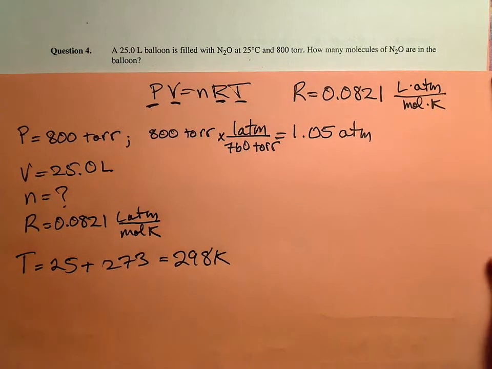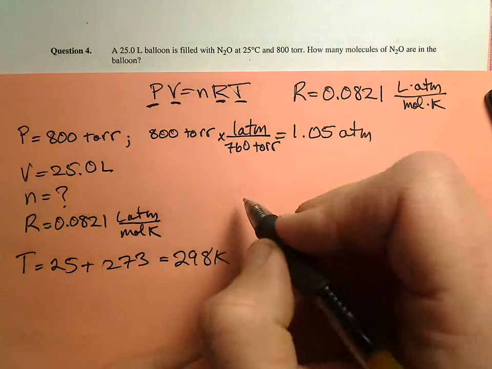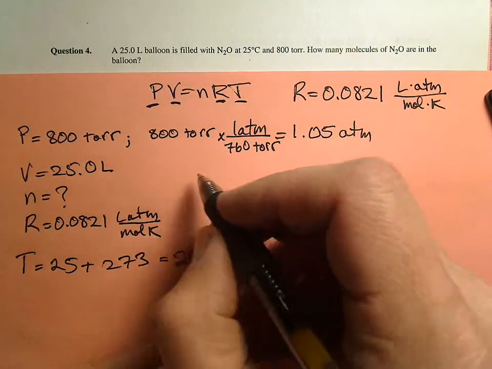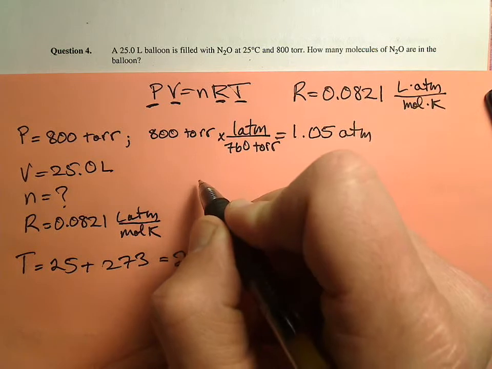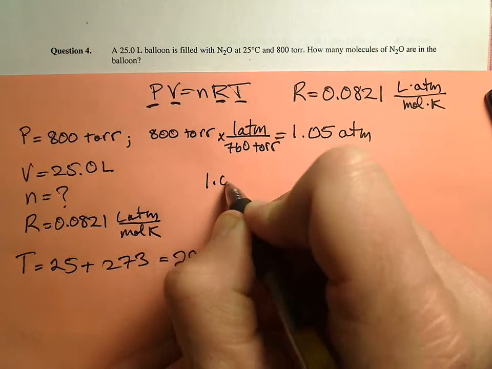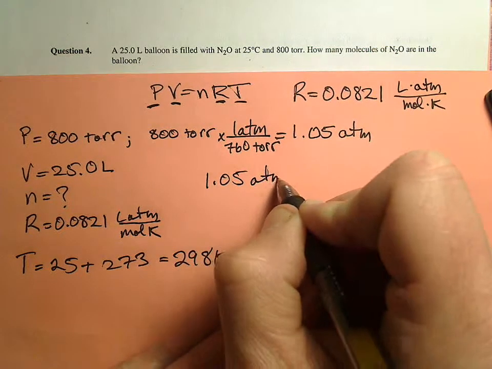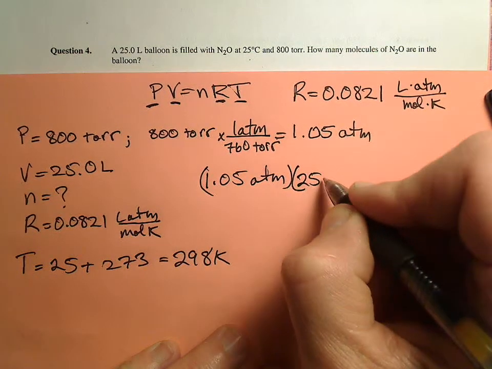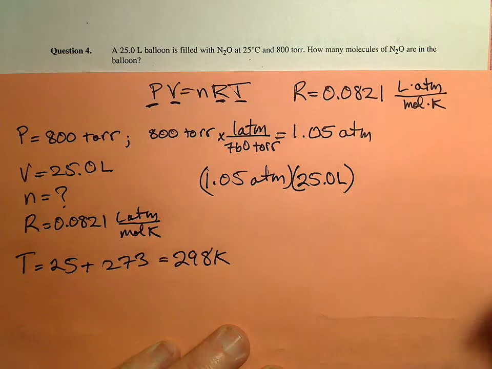All right, now we just put it all together and say, let's rearrange this for n. Well, I'll put the numbers in, then we'll rearrange it. Pressure is 1.05 atmospheres. Volume is 25 liters.